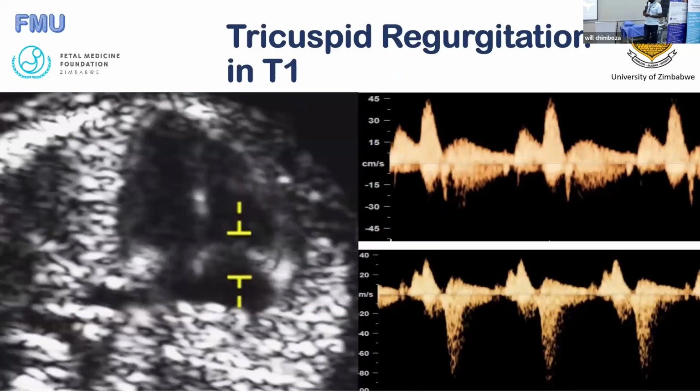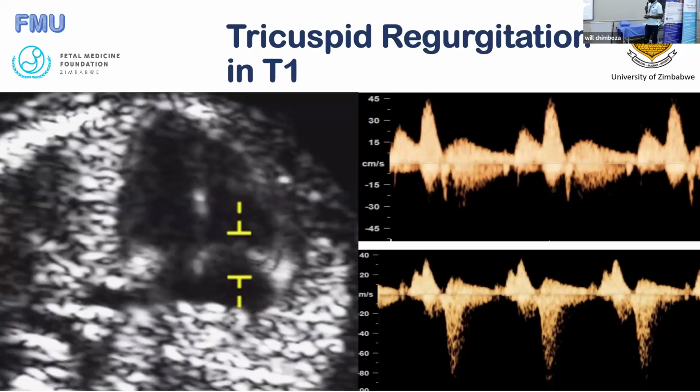Then this is another use of Dopplers outside fetal growth restriction, whereby you check for tricuspid regurgitation. I think it was also demonstrated, with a gate of 2 to 3, and with that nomenclature there, that's how you arrange the waveform, and that's normal.